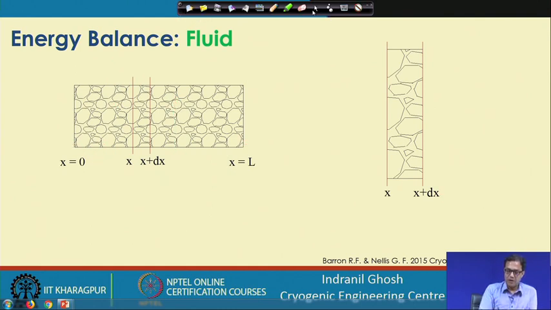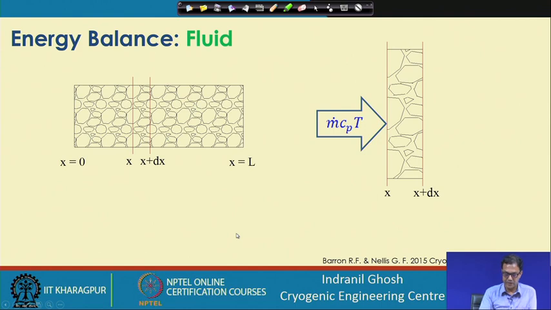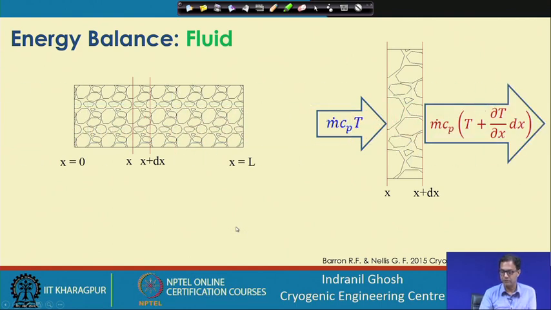Let us assume the hot gas stream is flowing through this and moving out with a temperature of T plus del T del x into dx, and the mass flow rate of the hot fluid stream is m dot.